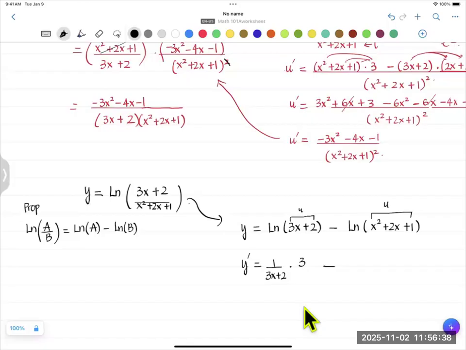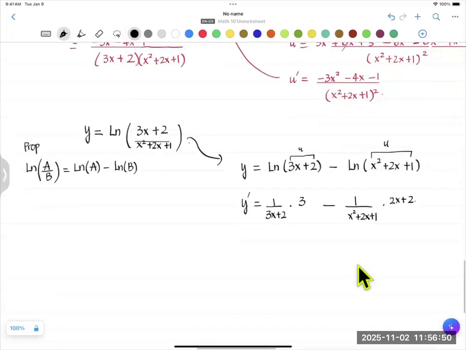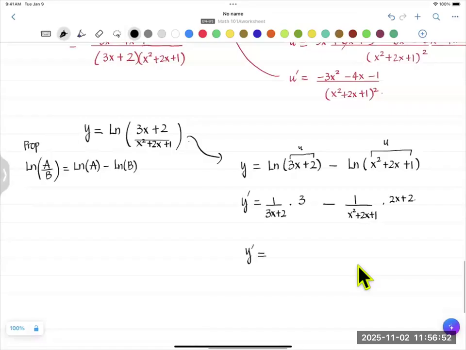And then here we will have 1 over u times u prime in the second natural logarithm, which is 2x plus 2. Then y prime will equal 3 over 3x plus 2 minus (2x plus 2) over (x squared plus 2x plus 1).